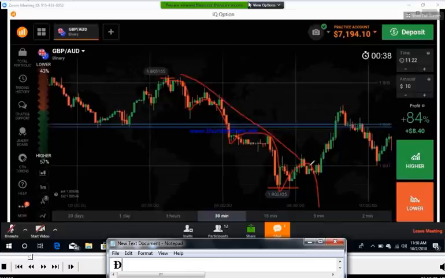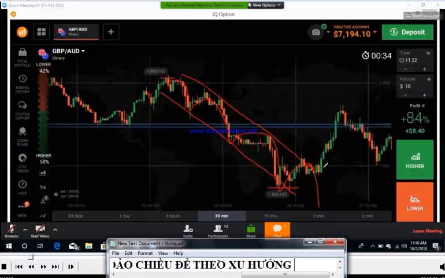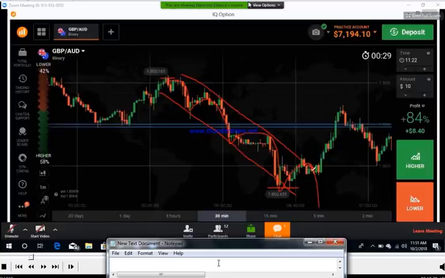This is the actual trend, but the market is not following it. It broke this level here. It means it started to go up from this level. The uptrend is starting from this level, right? But actually the level is here.